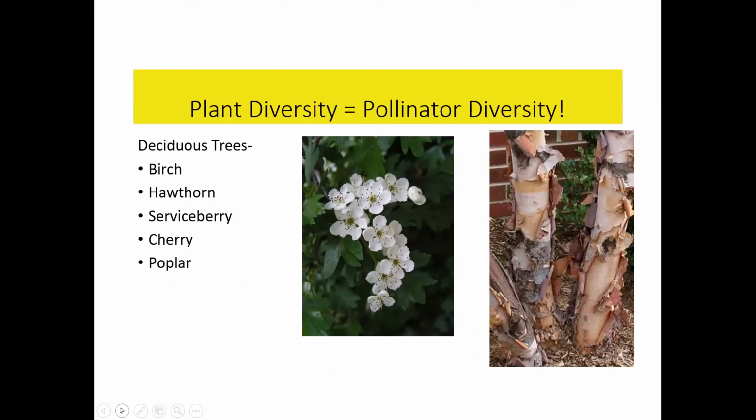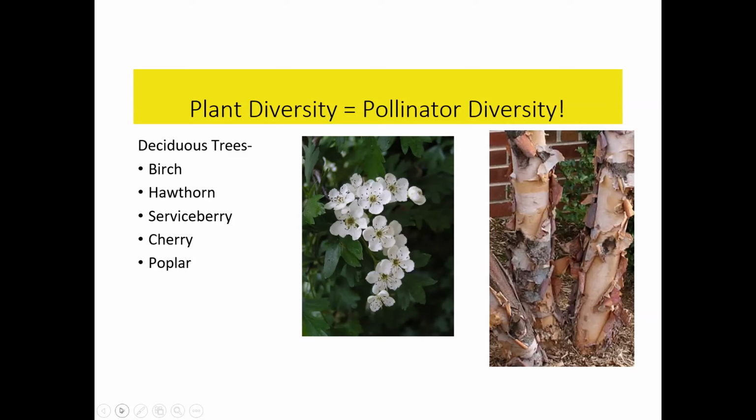And at the beginning, Megan talked about a pamphlet that you can have access to. The pamphlet was put together to encourage people to not only plant native species, but to plant pollinator species. And these are some of the trees we suggest.